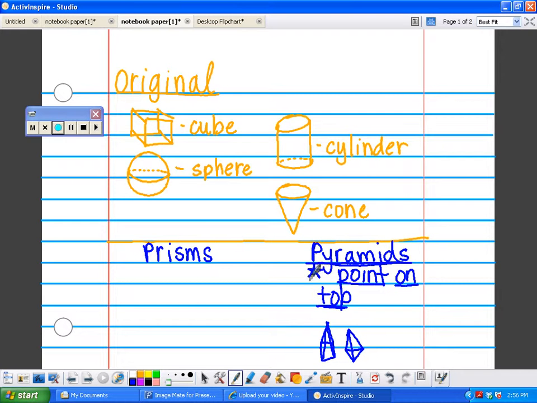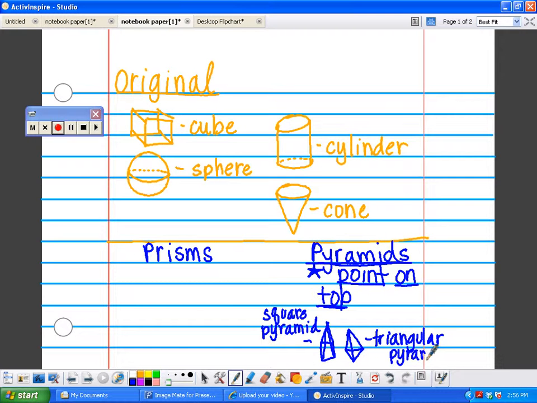It's not a cone because it has a special name. A point on top has straight lines. You look at the base of it to name it. You say, this is a square pyramid. And the other one, this one is a triangular pyramid.